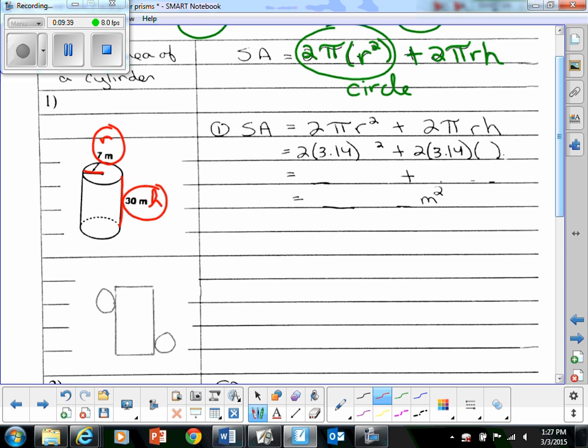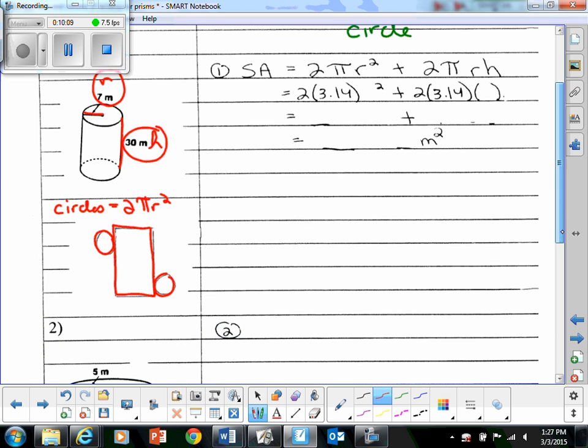It's a pattern. Okay, you'll see that a cylinder is actually made up of 2 circles and a rectangle. Okay, and we know how to find the area of circles. It's 2 pi r squared. Okay? That's how we find the areas of the circle.